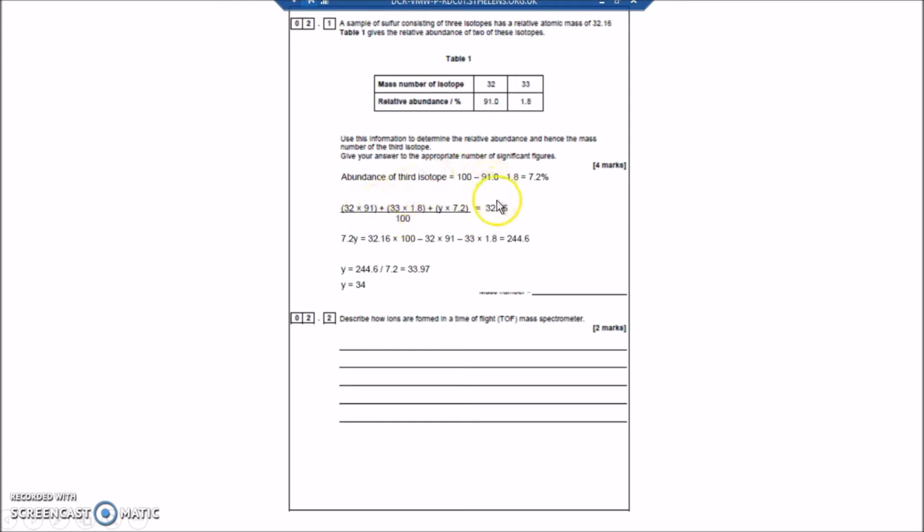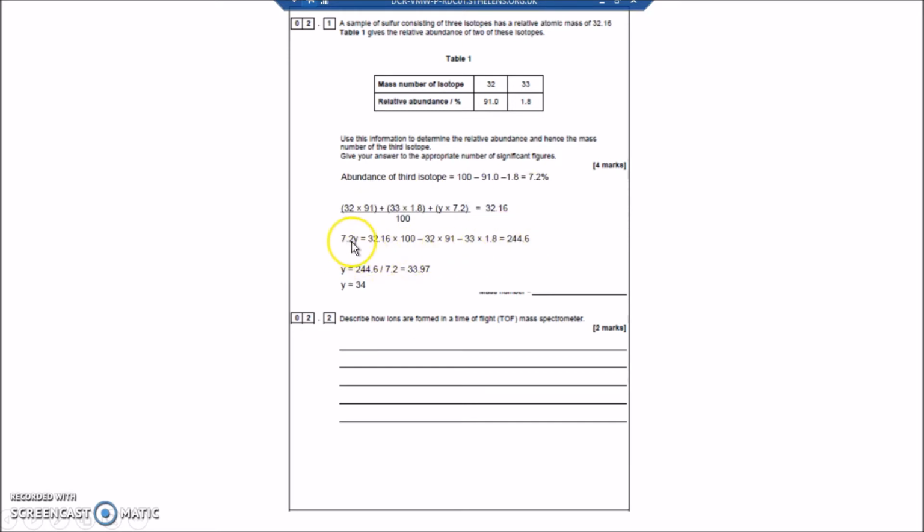Take these values across to the other side, and 7.2y will equal 32.16 multiplied by the 100, take away 32 times 91, take away 33 times 1.8, because these are coming across to the other side, so they're going from positive to negative, and that equals 244.6.